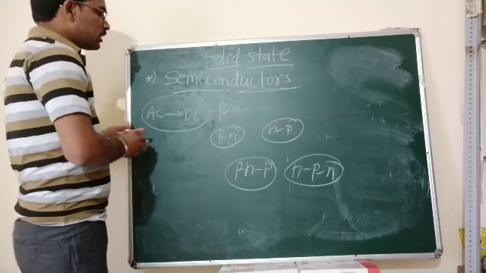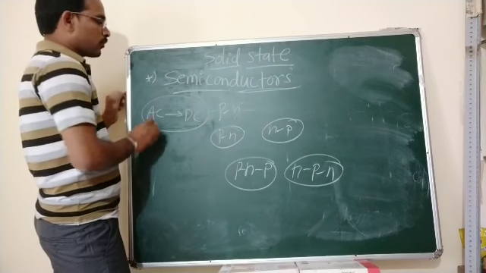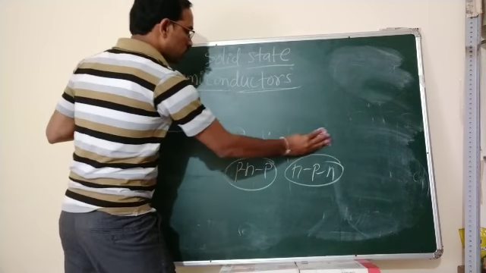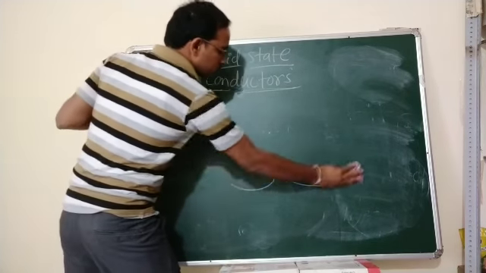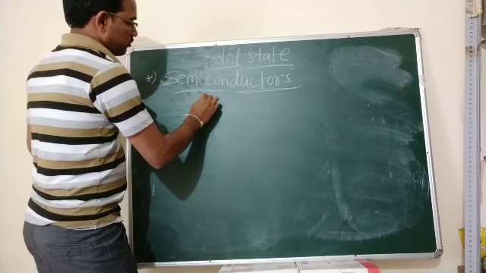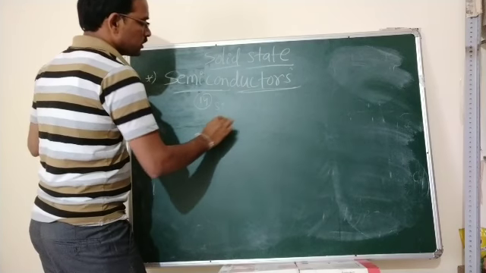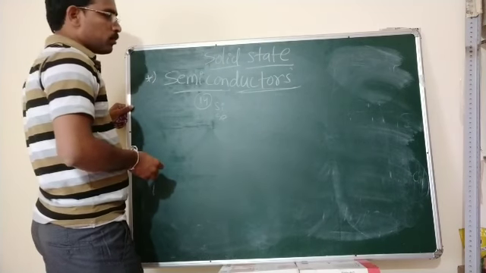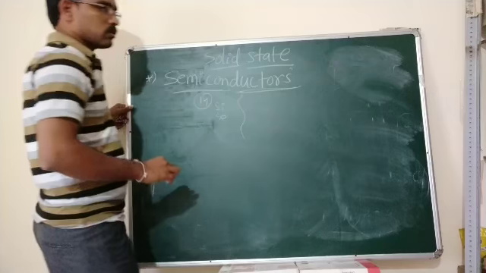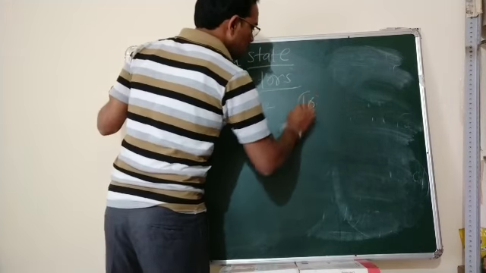Other than 14th group elements, silicon and germanium, we can also make semiconductors from 12th and 16th group elements.